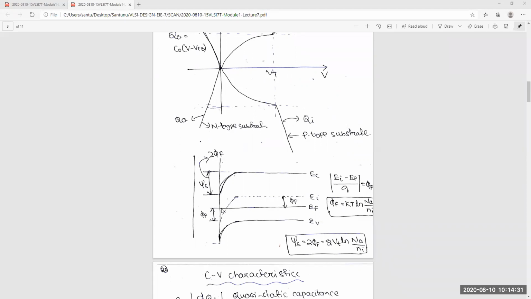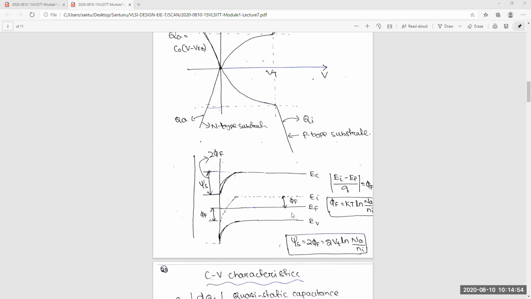Initially it was constant, and now slowly it is going down. The distance from the Fermi level to the intrinsic level was initially phi f.